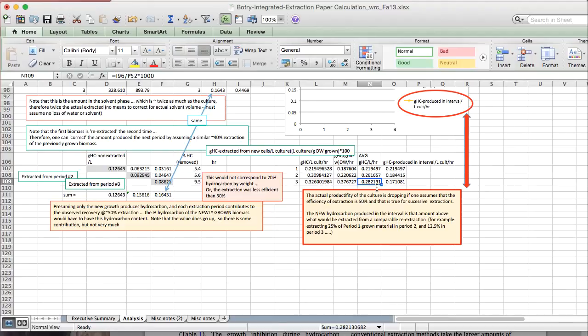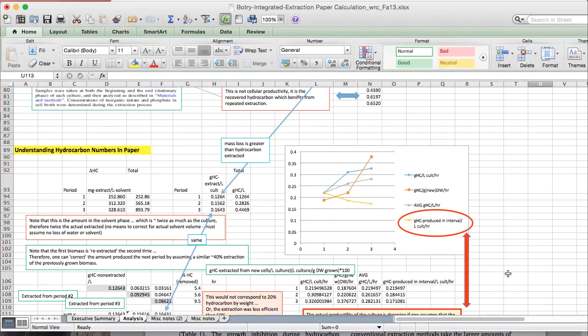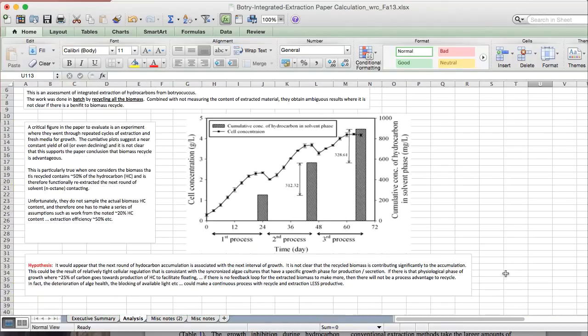So from a biological standpoint, what I'm saying here is that this basic idea that repeated extraction is more productive is ironically less productive, meaning that if you just started over again, even at a low cell density, and started over 3 times, you had actually made more material than if you had done this repeated extraction approach.